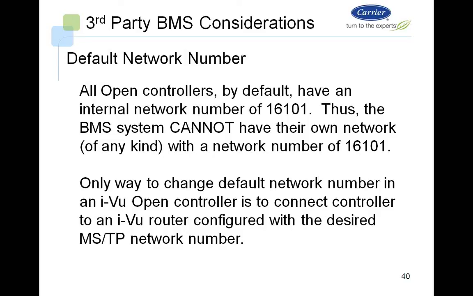So if the third-party BMS says, Carrier, your controllers must reside on network 30,010 because we already have a network number 16101, then you would have to configure an open router with 30,010 as the network number and connect the controllers to that router over the MSTP network and allow them to pick up the network number that will be broadcast to them from that router.